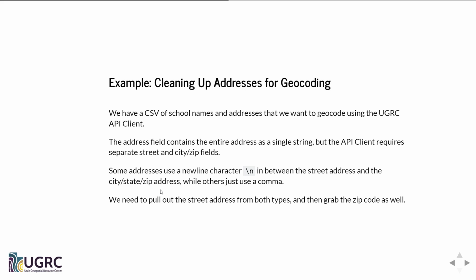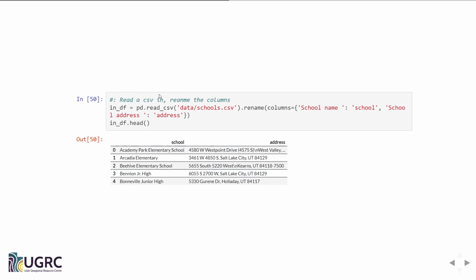So this is how you read a CSV into pandas. pd.read_csv, and you pass it the path to the CSV. And then I'm just going to rename the columns to be a little bit more human readable. And you'll note here what I'm using is called chained operations.